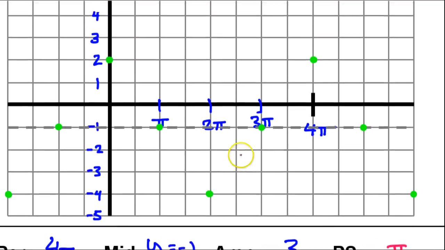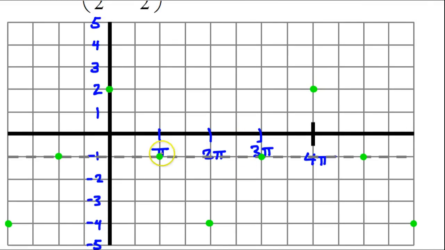It's important before you start moving things around that you look and see how big that is at this scale. Look, here's pi right here. Notice that pi is 2 squares on this grid. So I need to move each of these points 2 squares to the left. There's no room to move this point, but I can move this point 2 squares to the left, and this point, and this point, and this point, and this point, and this point, and this point.